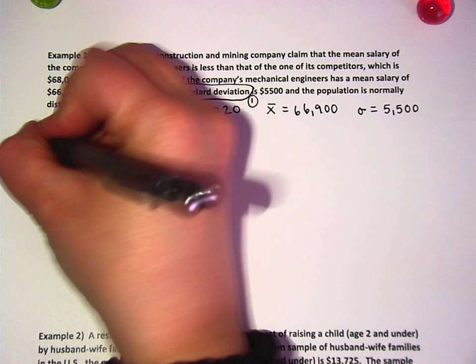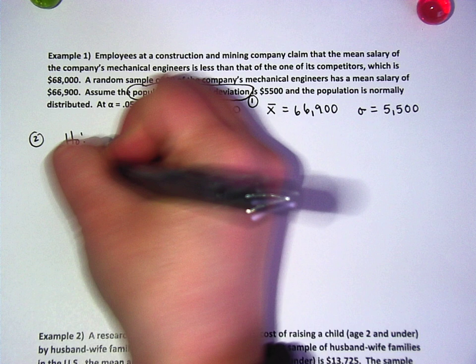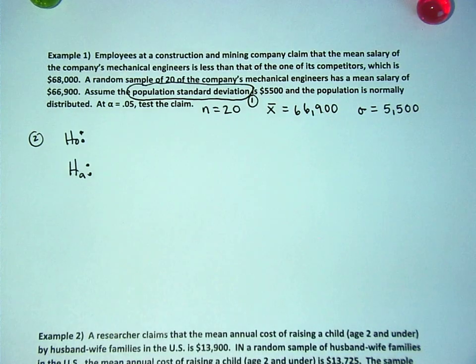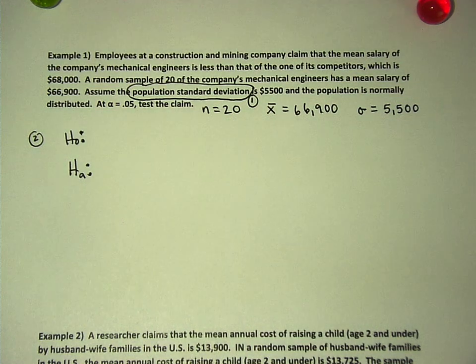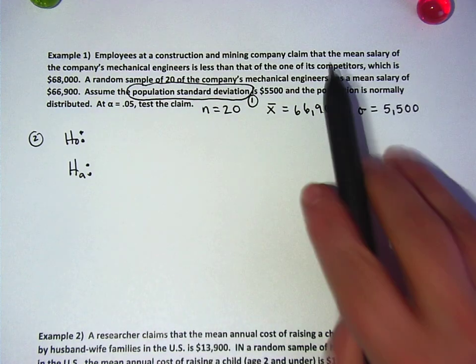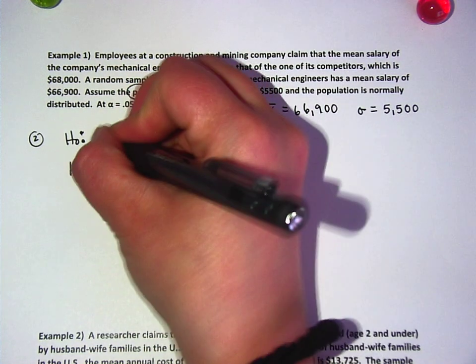Step 2 is to write the null and alternative hypothesis. H sub O, H sub A. What is their claim? It says their mean, so we're doing a mu, right?